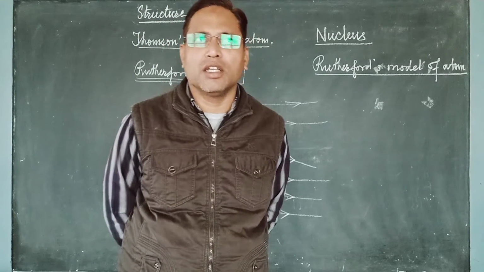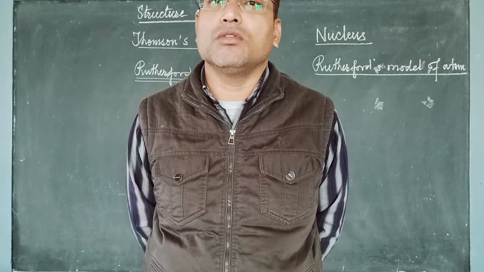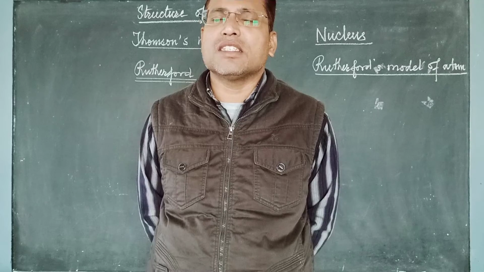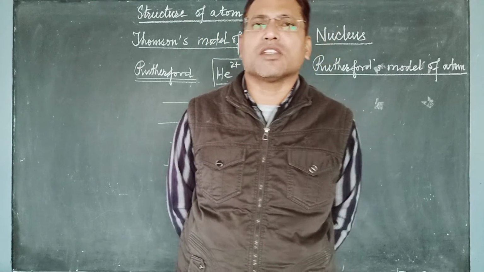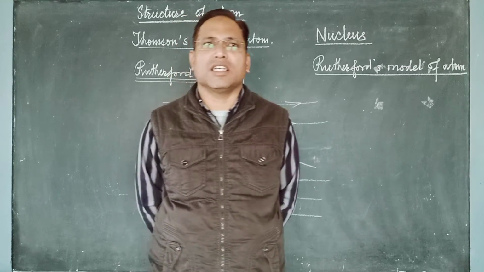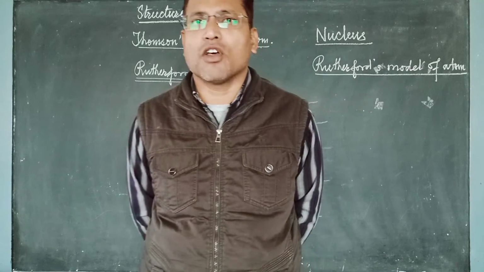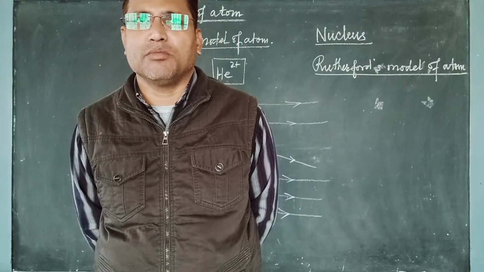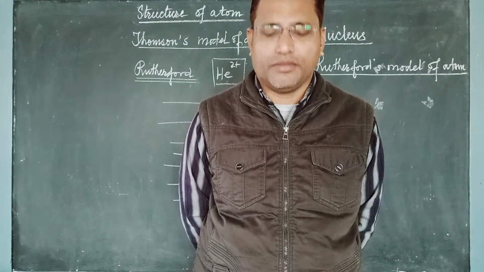He also told that the nucleus as a whole is positively charged and the atom as a whole is neutral, because as many protons are there, so many electrons are there. So the overall charge of the atom is cancelled and hence it is neutral.